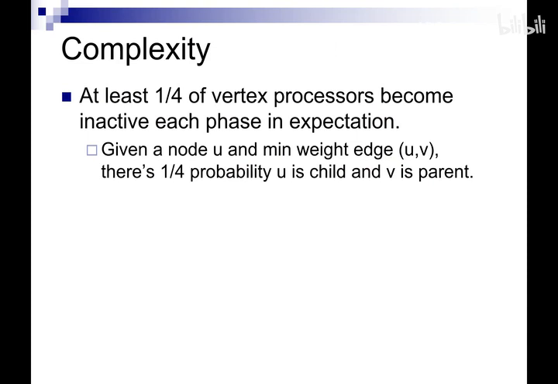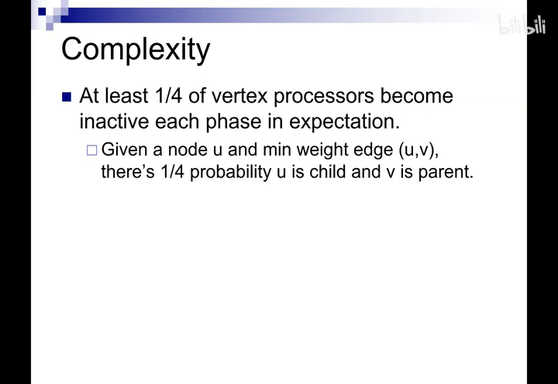So U is just going to check whether along this edge V is a parent or not, okay? And so there's a 1/4 probability that U himself is a child, and along this edge that V is a parent. If that happens, then U will be contracted out.